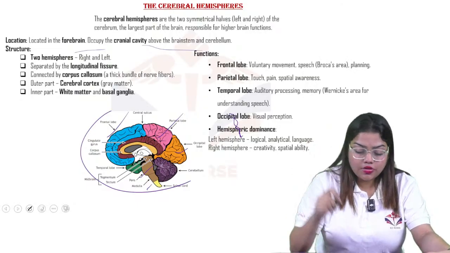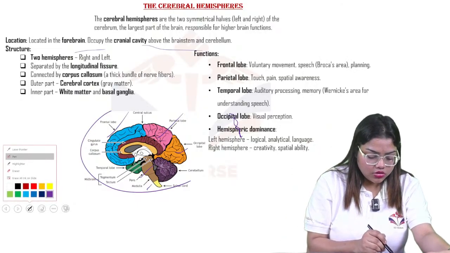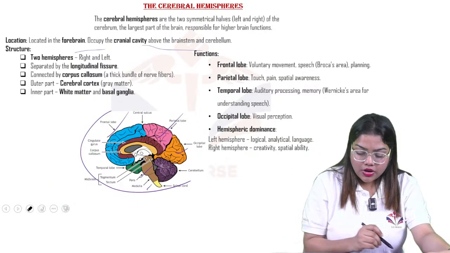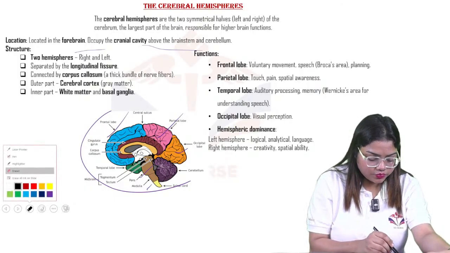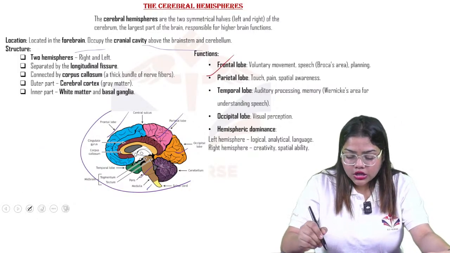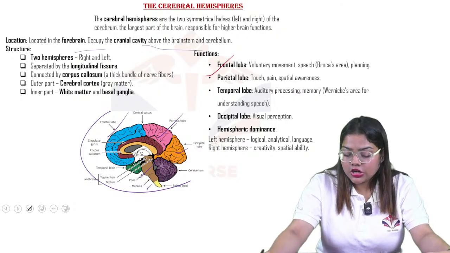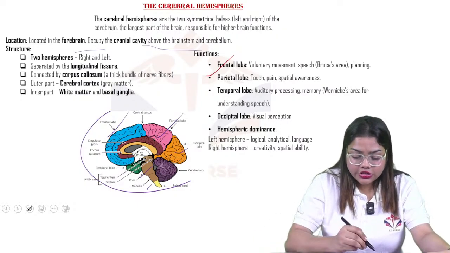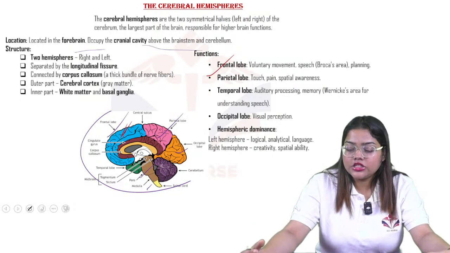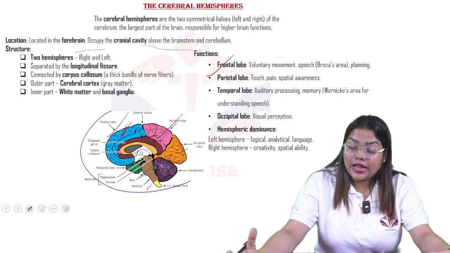What is the function of the frontal lobe? The frontal lobe helps with voluntary movement, speech and planning.